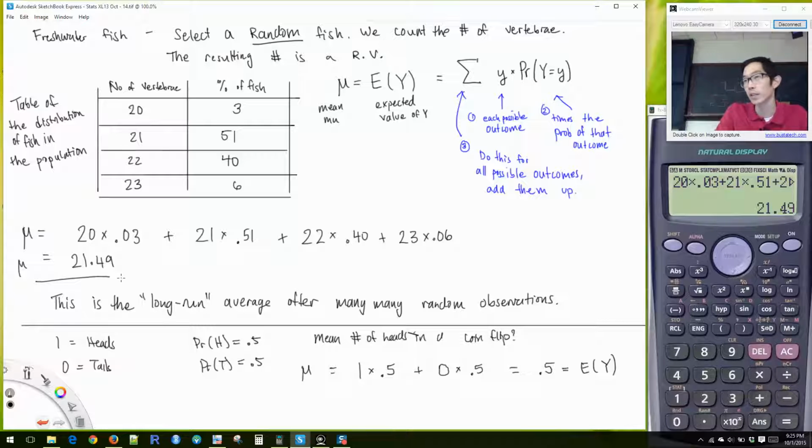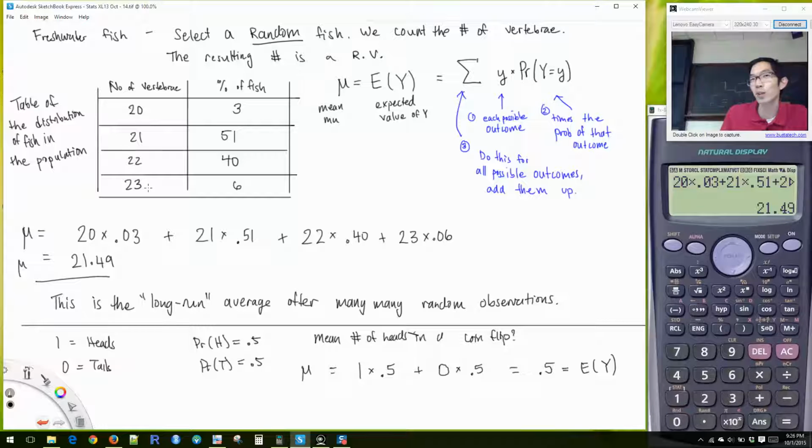Spread, okay? And so you could imagine, in this population of fish, we're much more likely to get what numbers than what numbers? Yeah, we're much more likely to get 21 and 22 than we are to get 20 or 23, okay? And so would you expect your variance, your spread, to be high or low? Low. We would expect it to be low, okay?